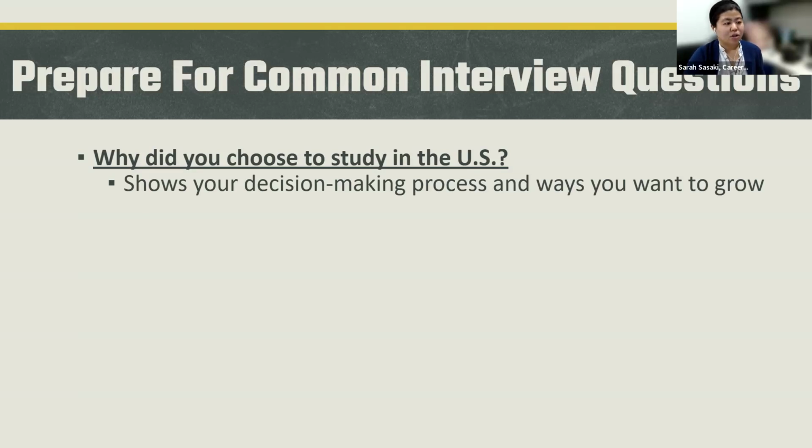Maybe this was, I want to grow my global experiences, or expand my knowledge of fields based here in the US, for example. It gives them more context. I would not recommend just saying, "Oh, I just woke up and decided to." Having more detail lets them see you made this decision with intention.